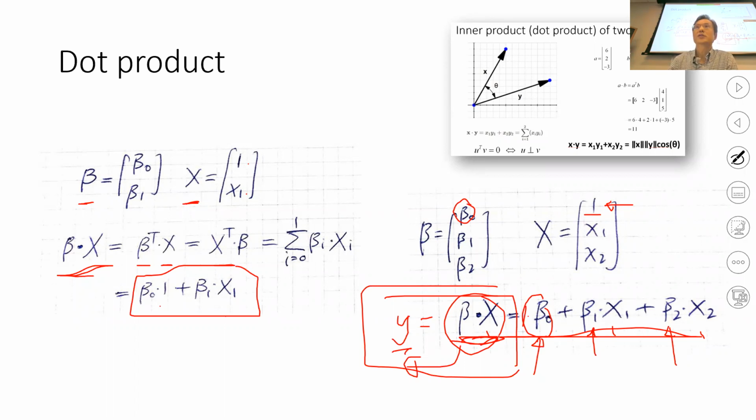Any questions? No. By the way, this is just one vector, which will be just one sample.